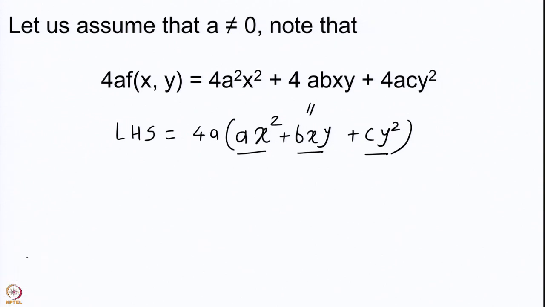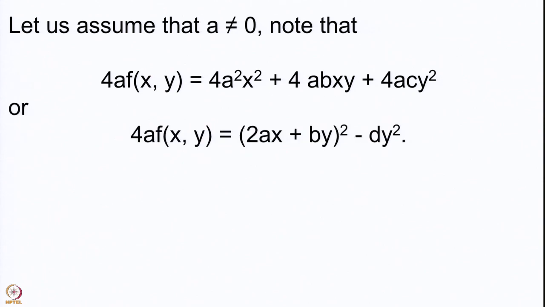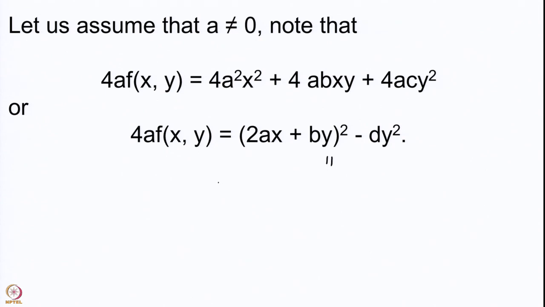Next thing that we observe from this is that this can be written as 2ax plus by whole square minus dy square. Let us write this thing down.